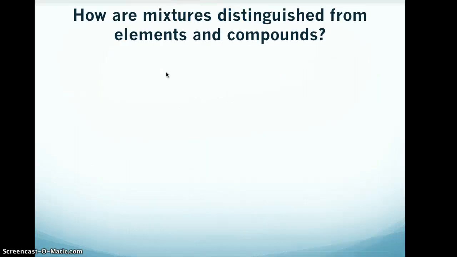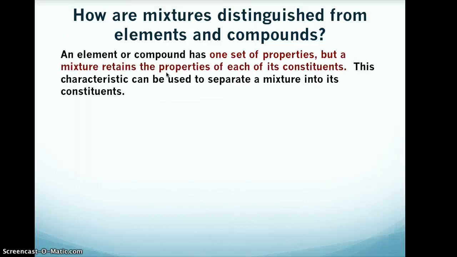Now, mixtures are distinguished from elements and compounds, and this is a really important part for you to get. An element or compound has one set of properties. An element such as iron has a certain specific heat, a certain melting point, a certain boiling point, a certain density.